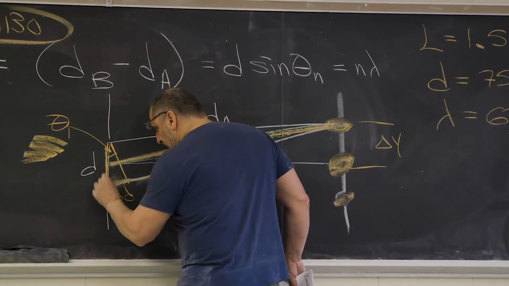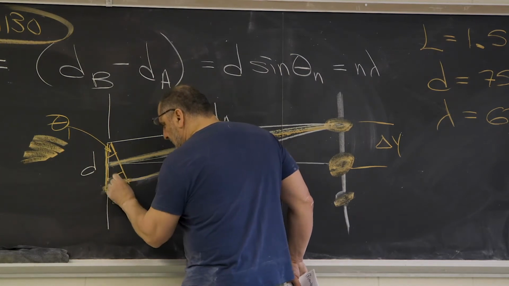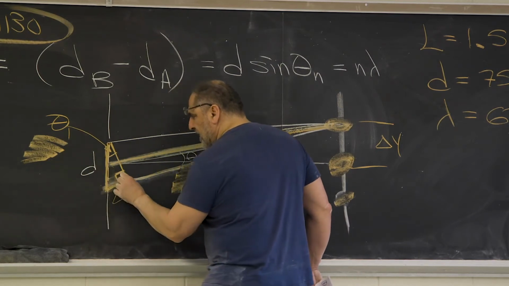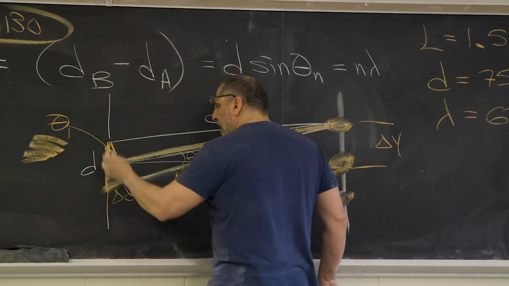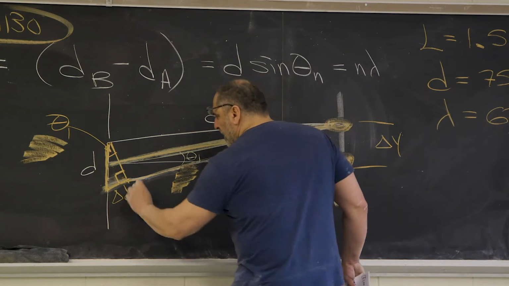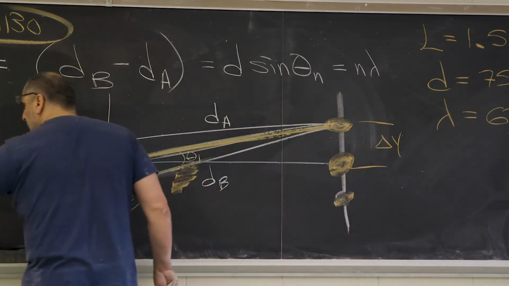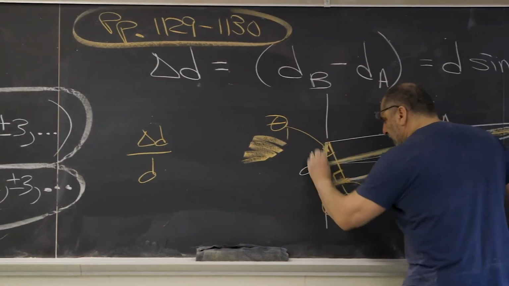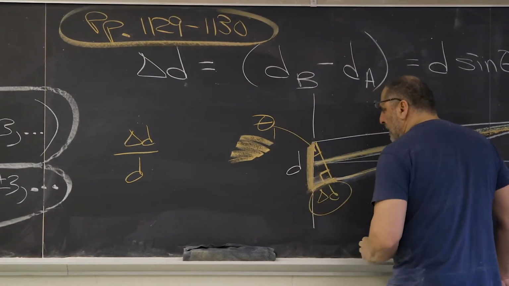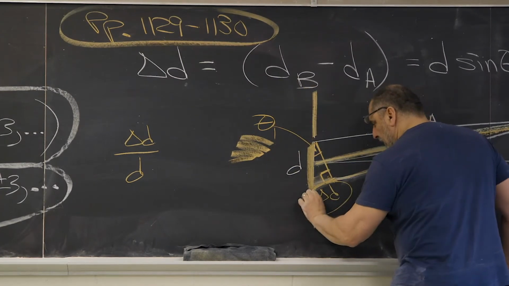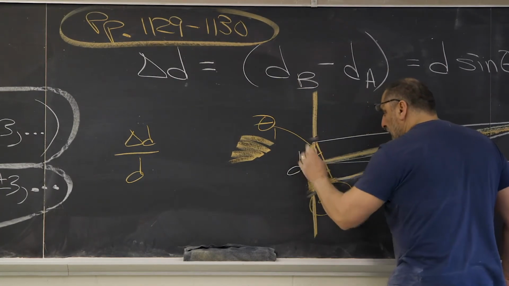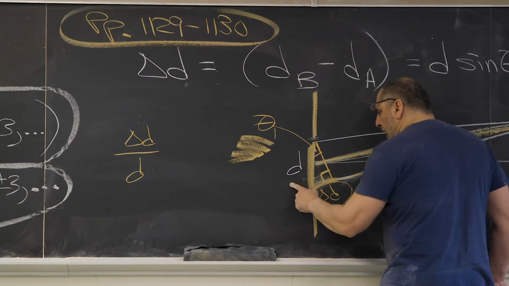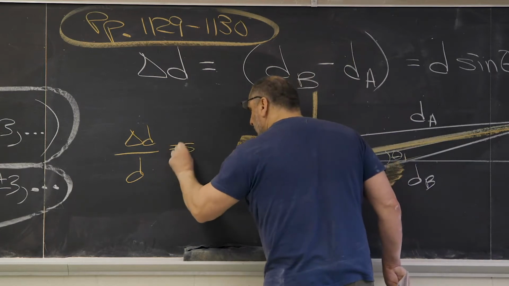Let me write this a little bit bigger. This is the 90-degree angle right here. Forgive me, guys. That's theta 1, and that's D. So delta D over D. This is the hypotenuse. These are the slits. That's D. Opposite over hypotenuse is the sine.